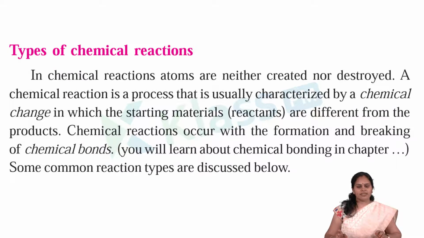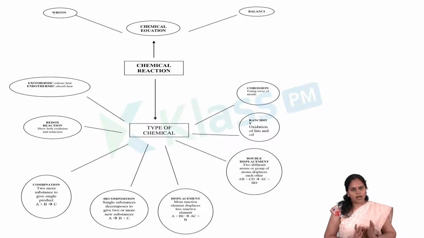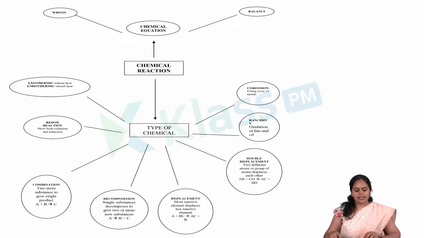Basically, there are 4 kinds of reactions. The types of chemical reactions are combination reaction, decomposition reaction, displacement reaction, and double displacement reaction. What is a combination reaction? We can simply say that a combination reaction is A plus B gives you C. Two or more substances, elements or compounds, combine to form a single substance.